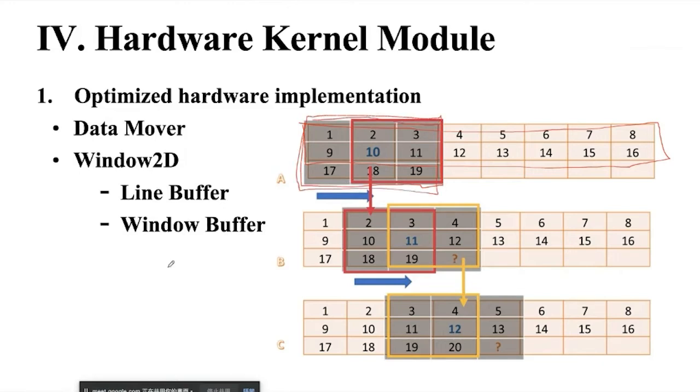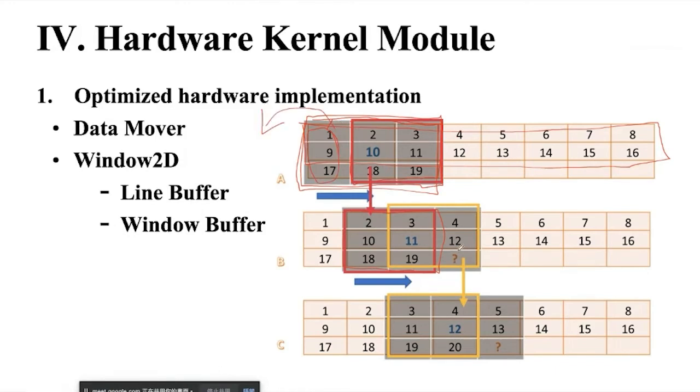Okay, first we see the window buffer. When the window buffer moves to another stage, we just have to move this value to here. And all the values in this column will be abandoned.